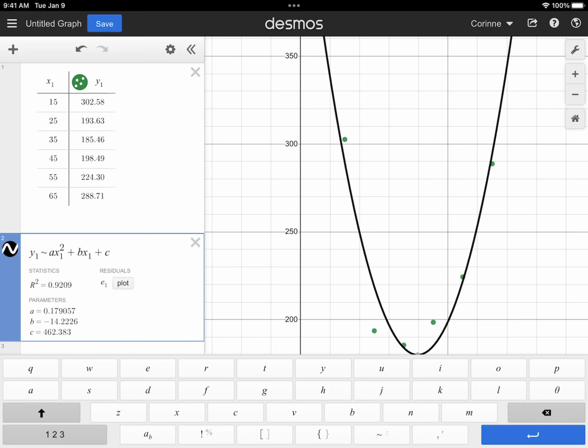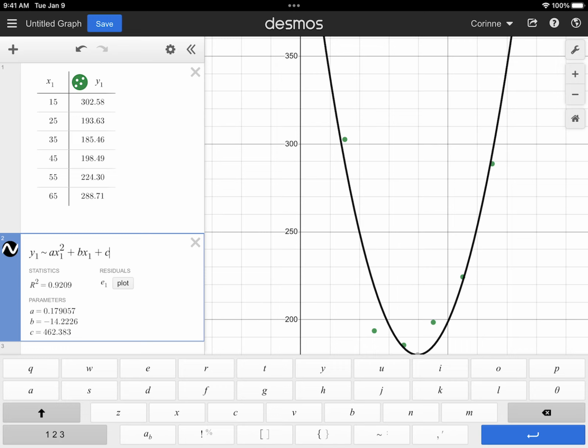And so again, just like a quadratic looks like ax squared plus bx plus c, we're putting in that same format, and we have our y1 to get our y data from the table, and we're using x1 twice to get our x data from the table. And so we can see that quadratic regression fits our data pretty closely.